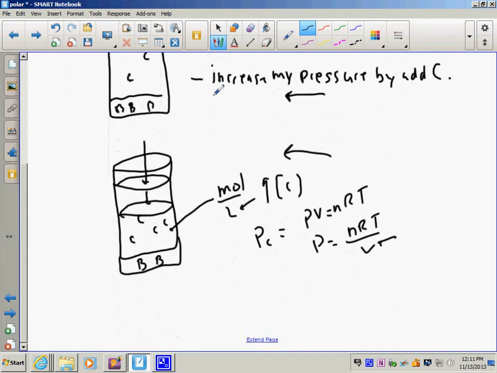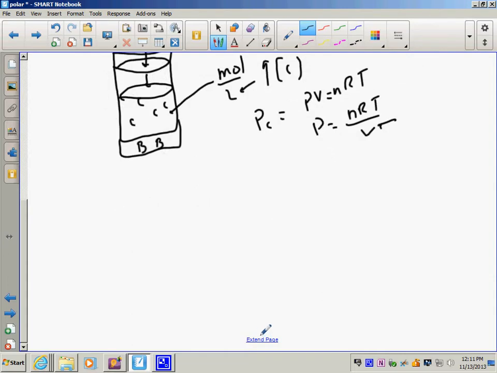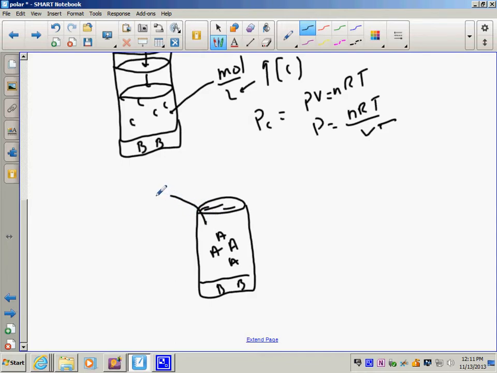A very common problem that they might add in here is, what if we have this beaker here? I'll just draw the same beaker again, and I have some B here and some solid here, and let's just say it's closed. So I have some A right here, and I'm going to insert some D.